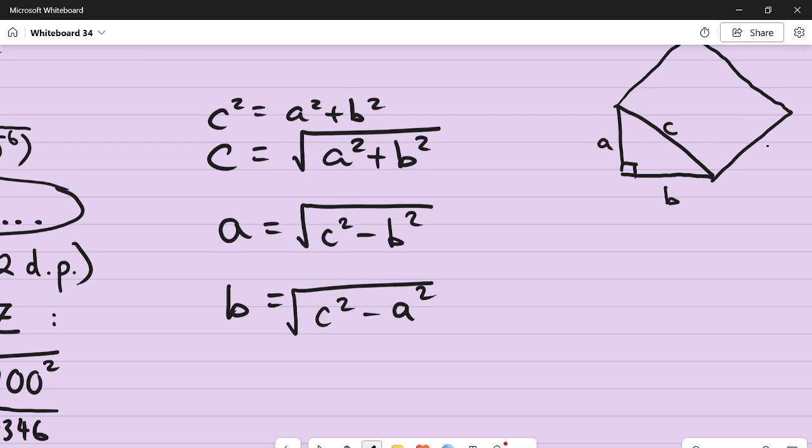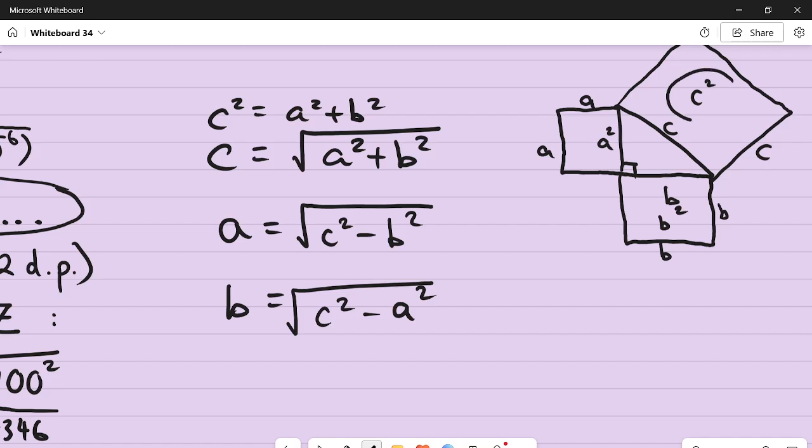So this is C times C, so C squared. He drew a square here, that would be A times A, A squared, and then a square here, B times B, B squared. He said the area of this is equal to the sum of those two areas, and he wrote that down.